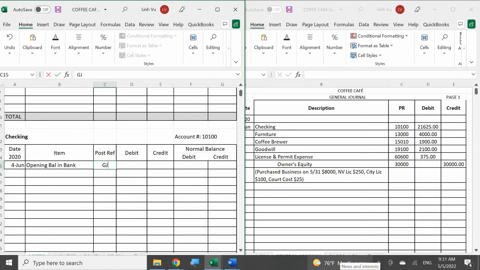We're on journal page 1, so that's JG 1, for general journal page 1.